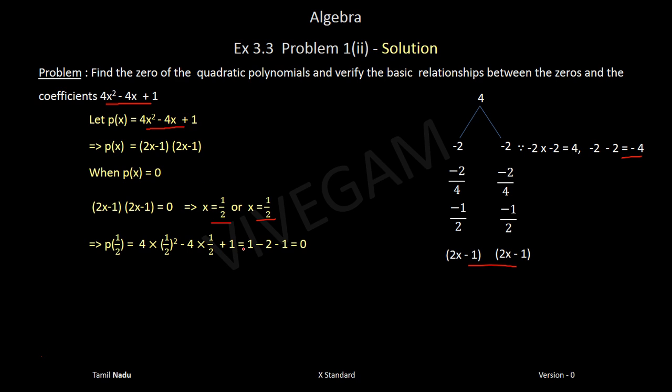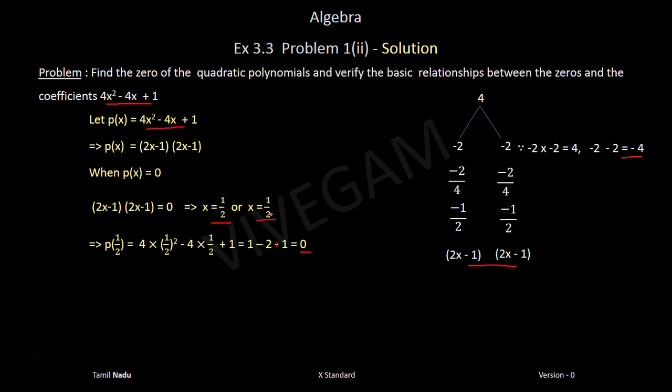That will be 1 by 4 into 4, the 4 and 4 cancel, that gives 1, minus 4 into half, 4 into half, 2, so minus 2 into 1 is minus 2, plus 1. So you get 1 plus 1 is 2, 2 minus 2 is 0. So it is proven that x equal to half is a zero.